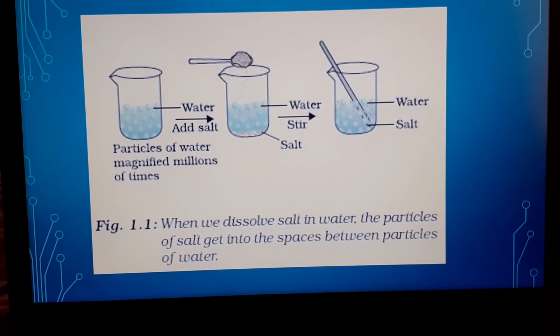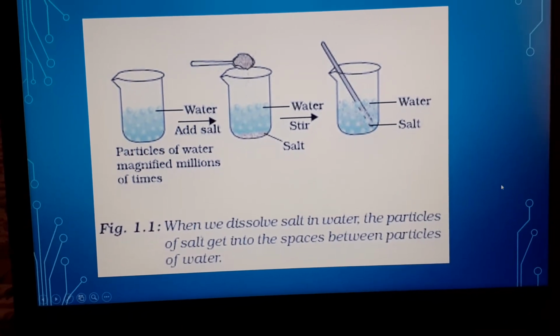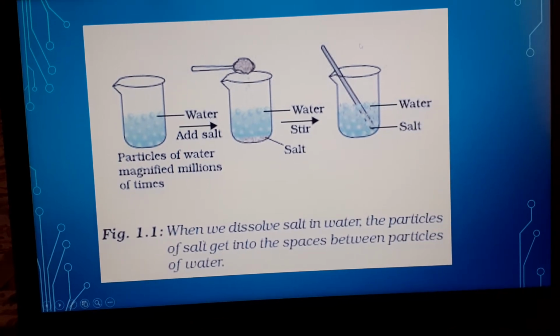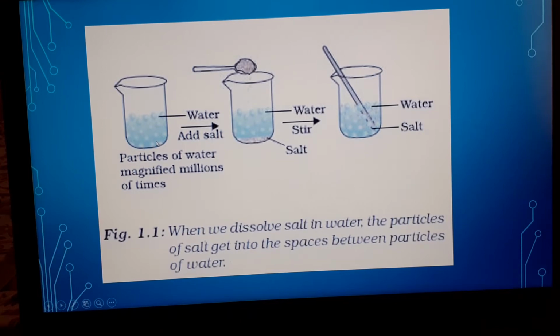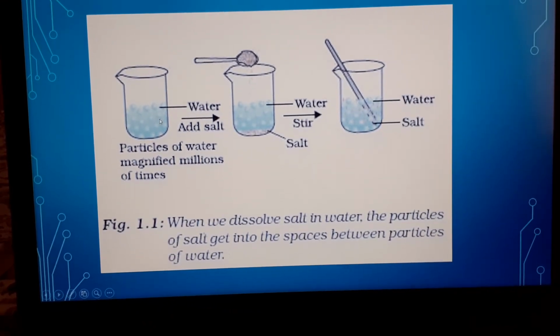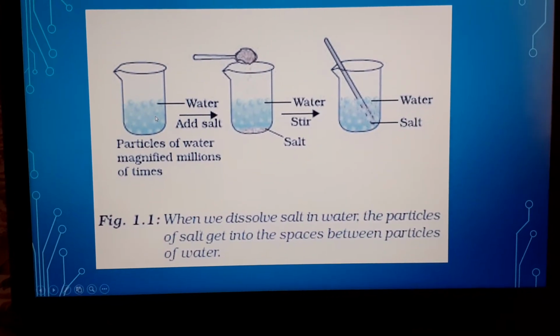You can see in this beaker, the water molecules are present. Between these molecules we have spaces. These spaces are said to be intermolecular spaces.